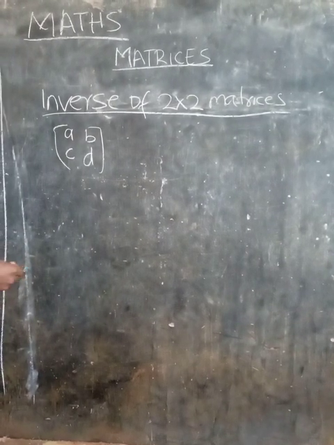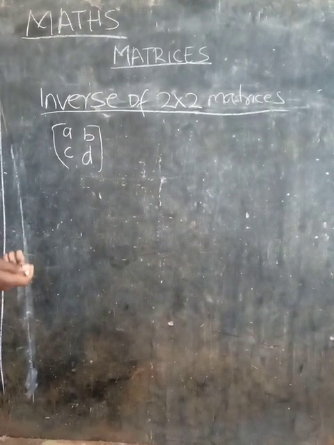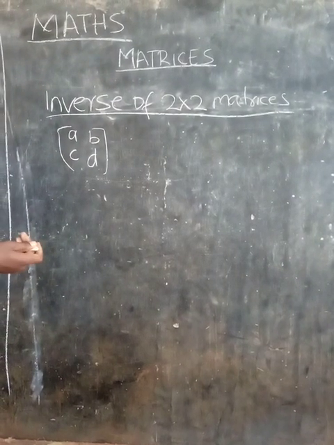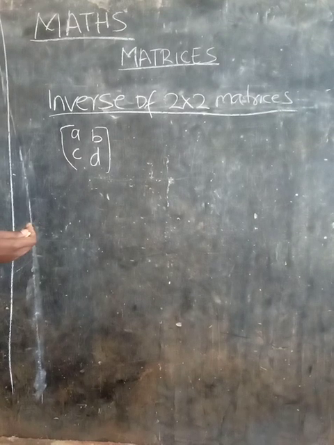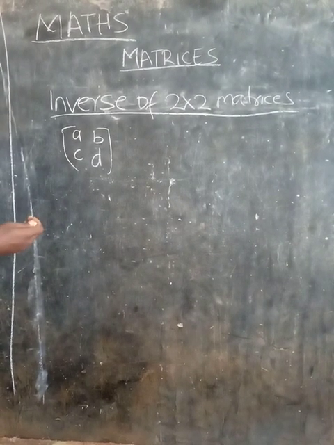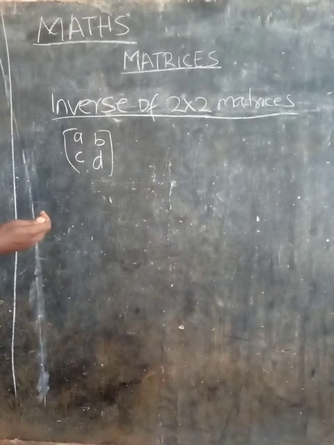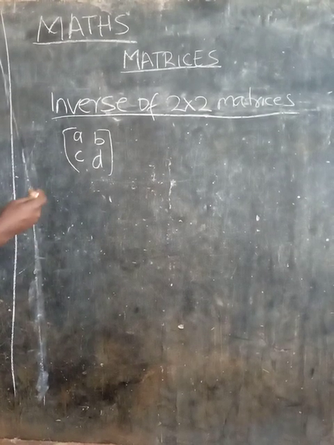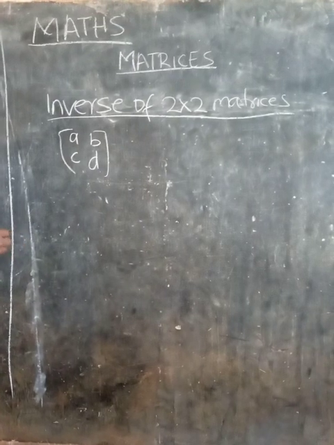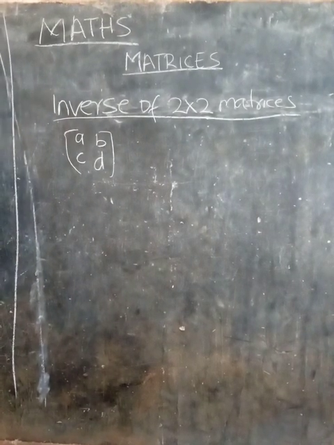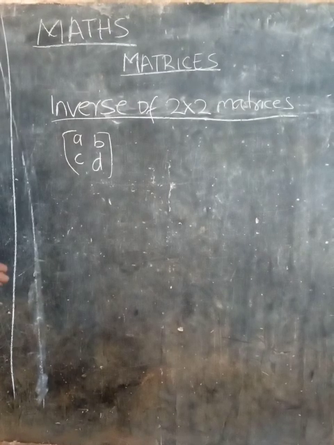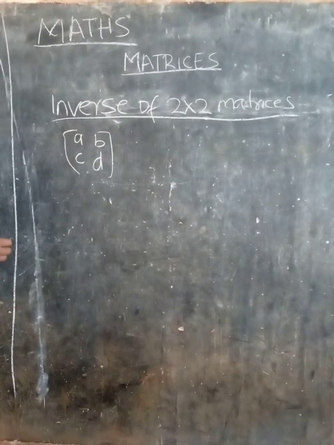So, for us to find the inverse of a matrix, we have to find the determinant first. Then we use the determinant we have found in finding the inverse of the same matrix. For example, if we are given such a matrix, how do we find the determinant?